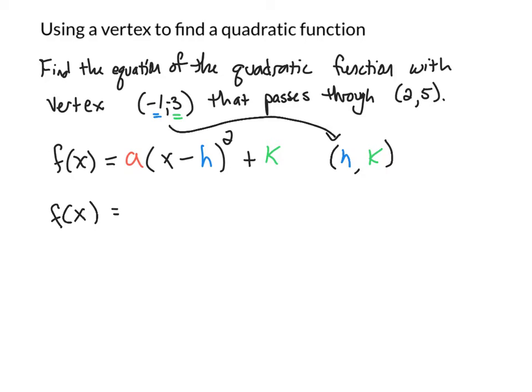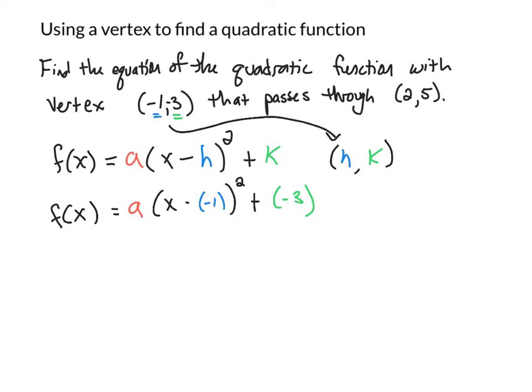So I know what h and k are. I don't know what a is yet, but I have x minus, now h is -1, so I'm going to do minus -1 here, squared, plus, now I know what k is. I know k is -3. So I'm going to put a -3 in there. Alright, so now I can clean this up a little bit.